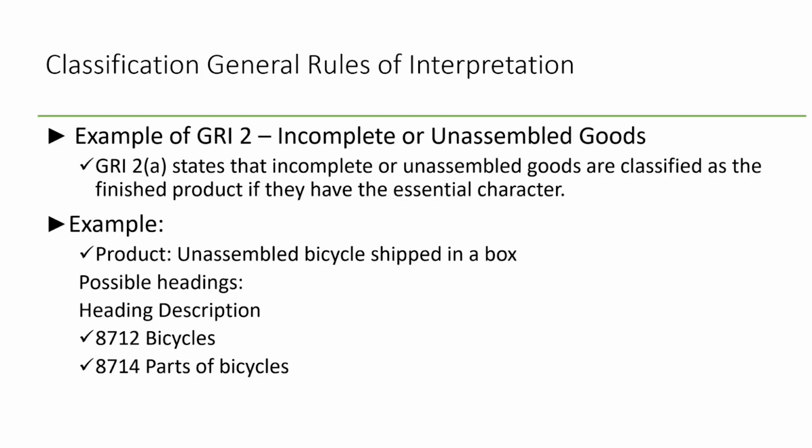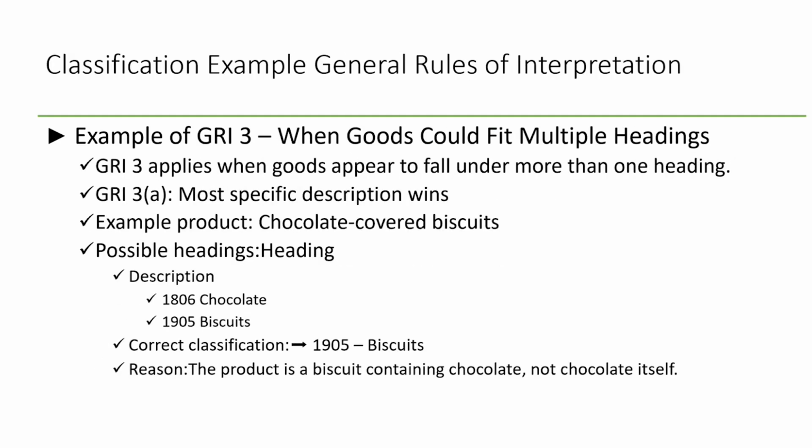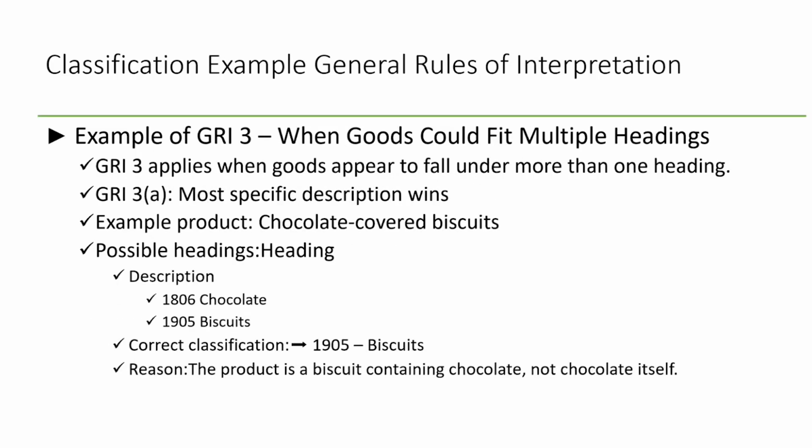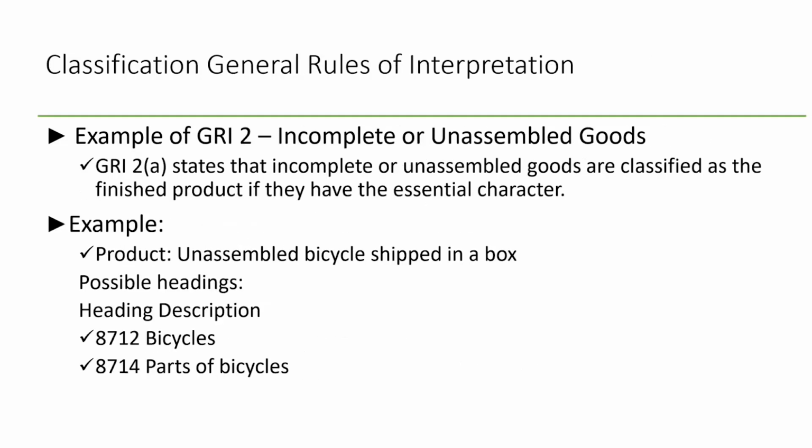Because it's a full bicycle shipped in a box, it's just not assembled, the correct heading would be 8712 for bicycles.